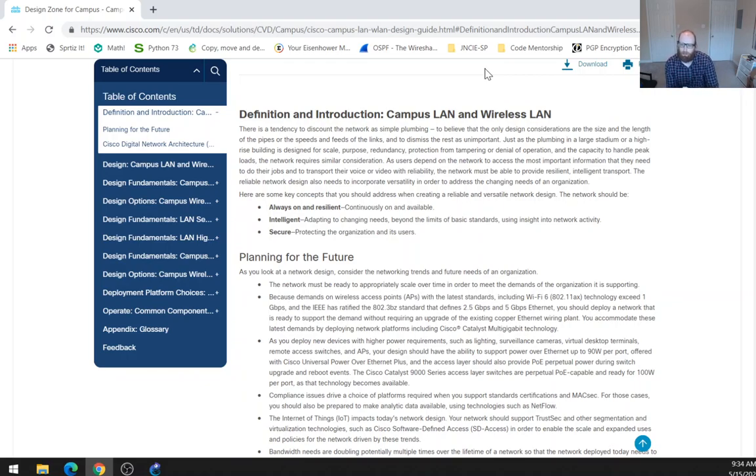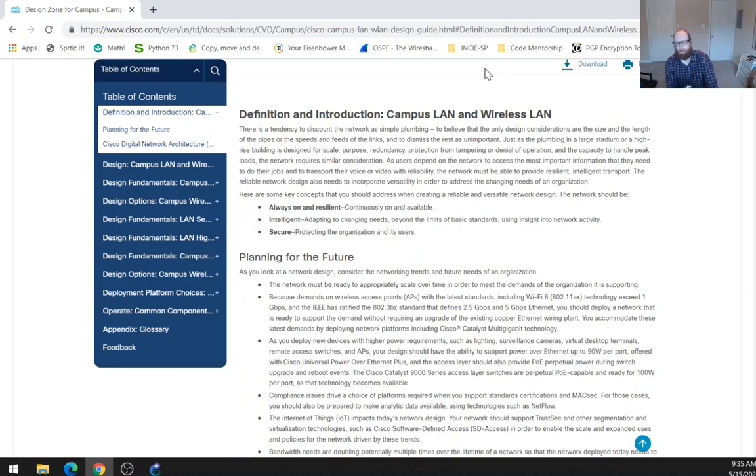Just as the plumbing in a large stadium or a high-rise building is designed for scale, purpose, redundancy, protection from tampering or denial of operation, and the capacity to handle peak loads, the network requires similar consideration.